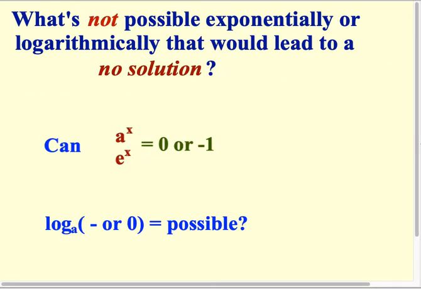So it is possible that you're solving your equations and along the way, you're at a point where you're trying to finish it up and you are trying to either take a base to an exponent and it's producing a negative or 0 result, which cannot happen, or you're trying to log a negative or 0, or you get it solved, but you have to check your solutions, and you plug that x value back in and it causes 0 or negative in the log equation. All things we'll talk about, different kinds of problems as we go through the notes. But the point of this slide is that it is definitely possible to get no solution.